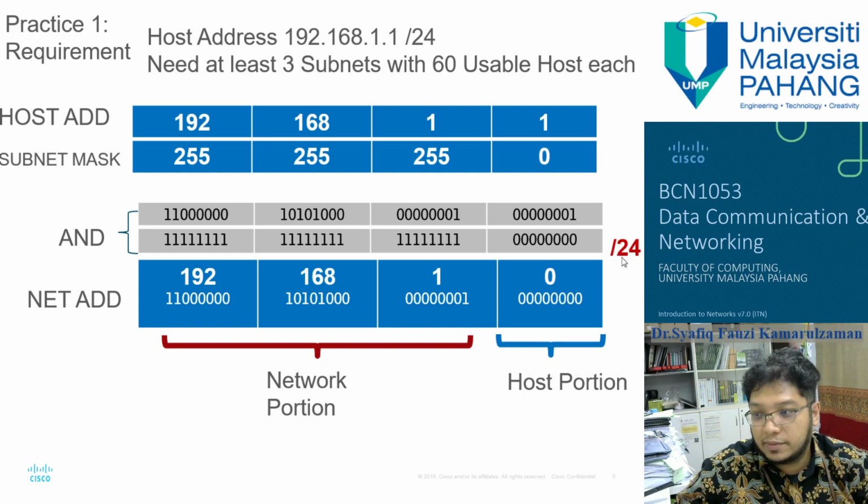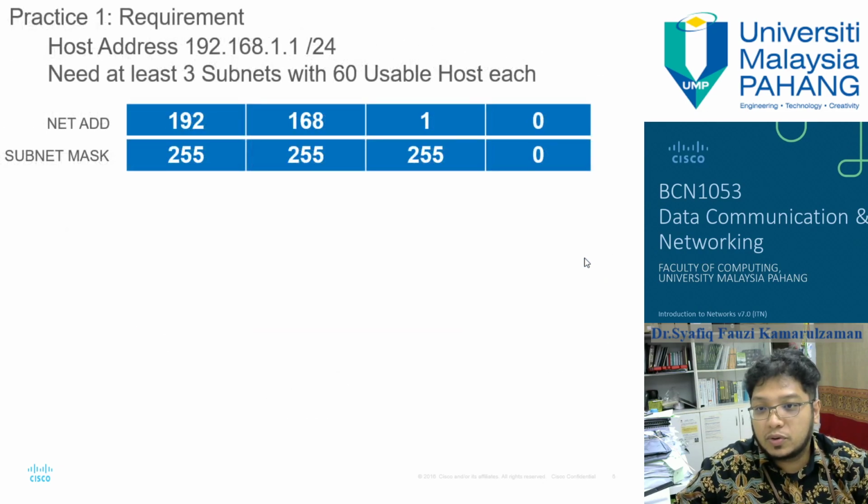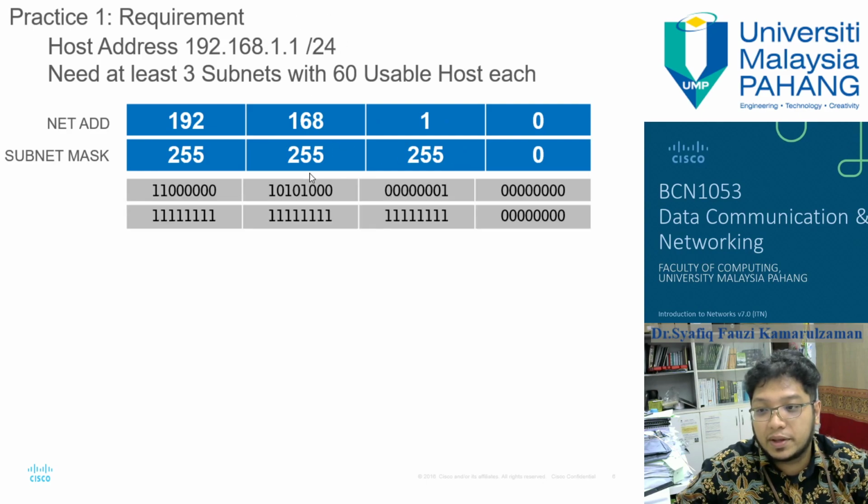So we can say this is a /24 host address. The network address will be 192.168.1.0. This is the subnet mask for /24, and this is the binary.